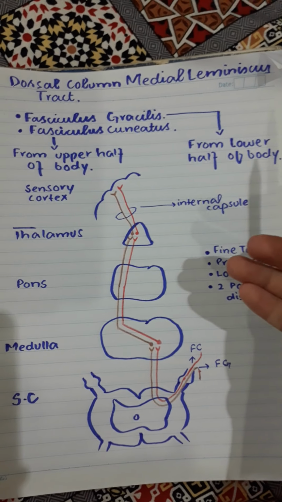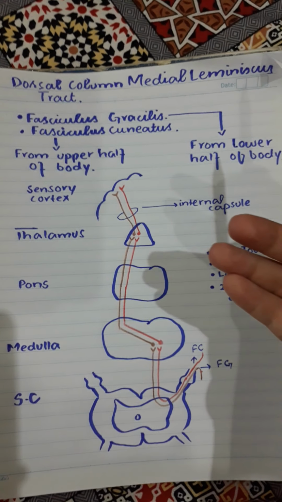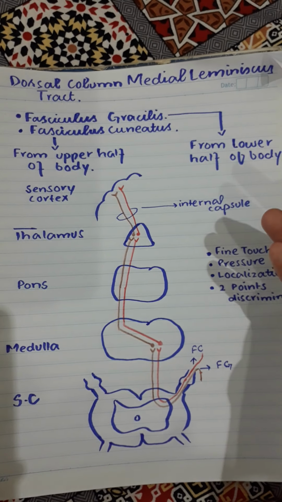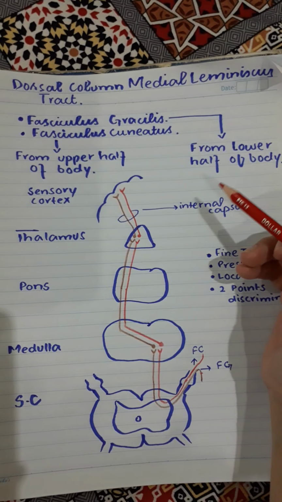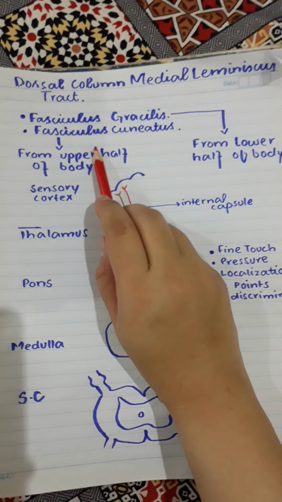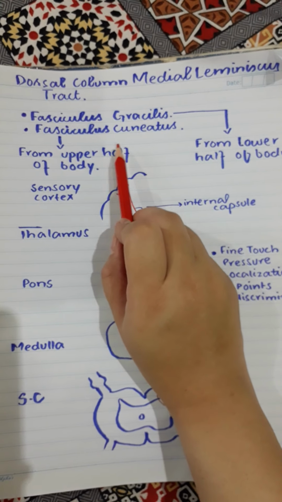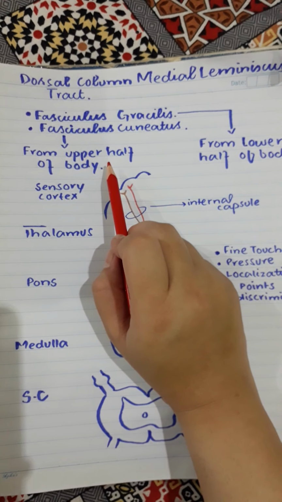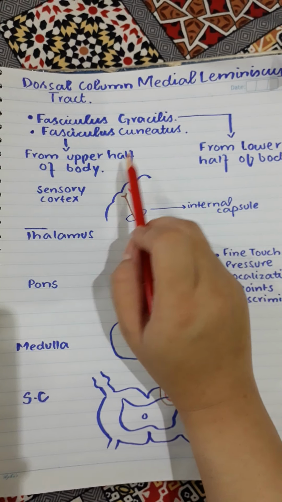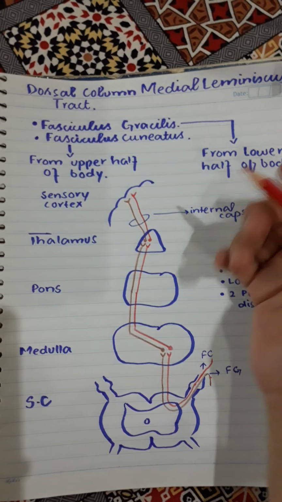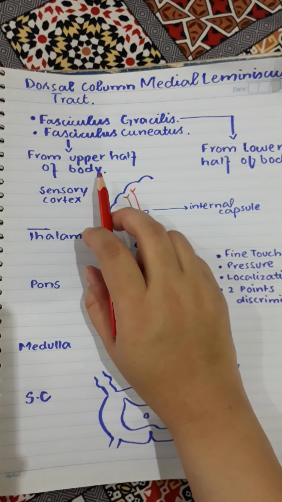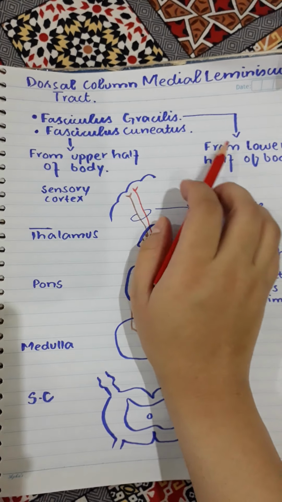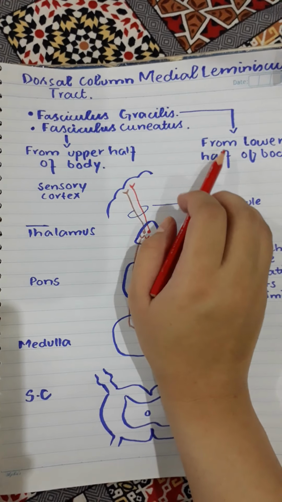The body below the trunk including the lower part of the abdomen known as pelvis, the limbs, the foot and the toes. And the fasciculus cuneatus is a nucleus which receives the impulses from the upper half of the body, including the trunk, the limbs.